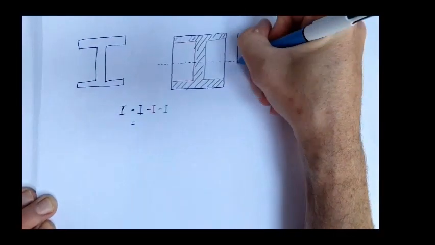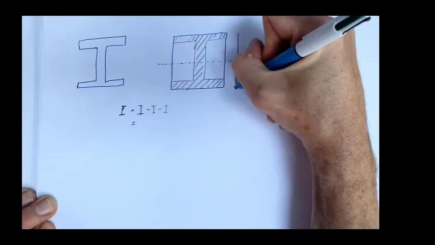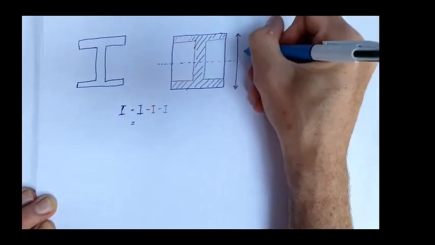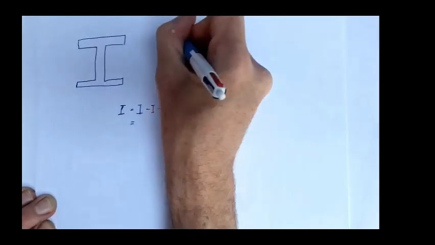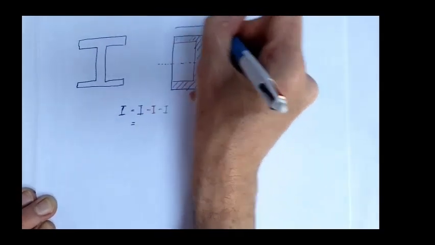this outside dimension. Let's call this D, capital D, and it's B meters wide.